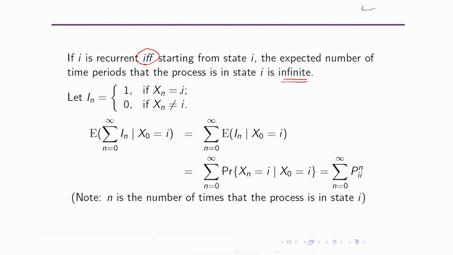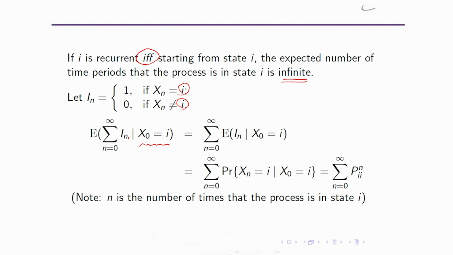If the process is in state i, we put it as 1. If Xn is not equal to i, we put it as 0. And if we want to count the number of times the process enters state i, then we are actually calculating the expectation of the summation of In given X0 equal to i, meaning we start from i, right?